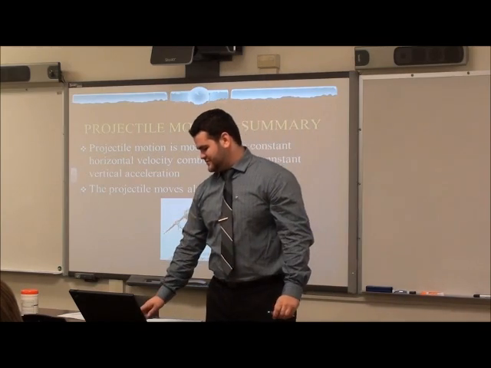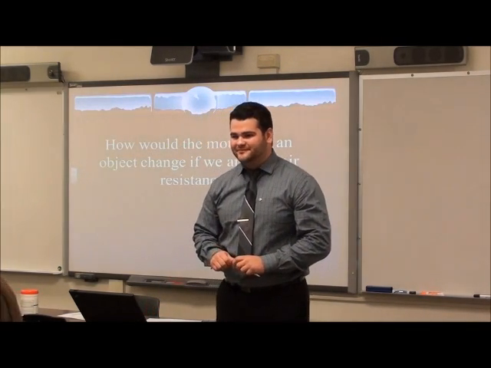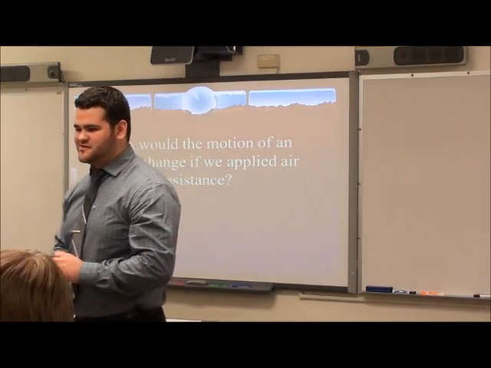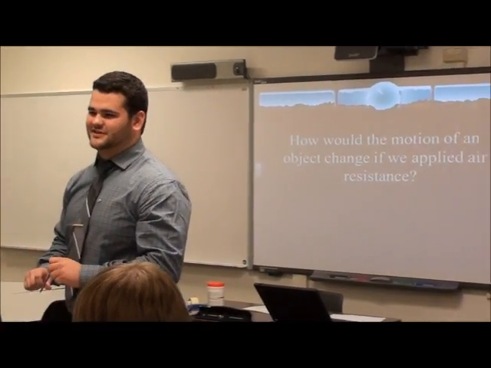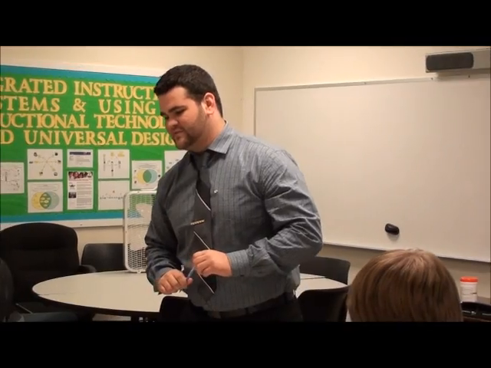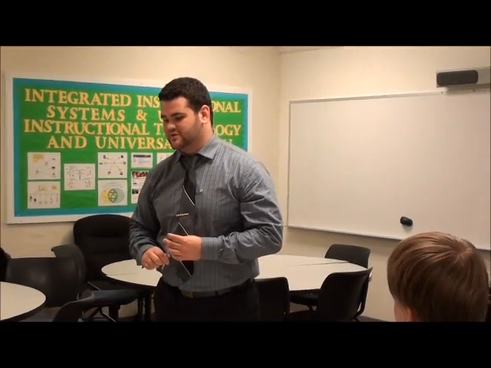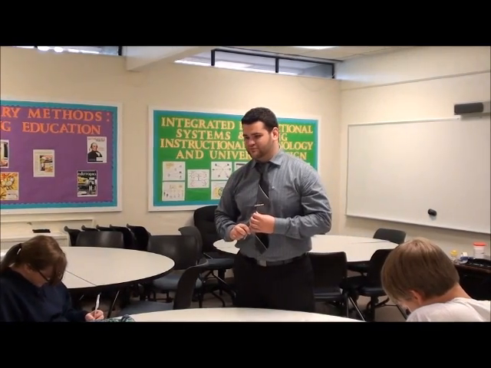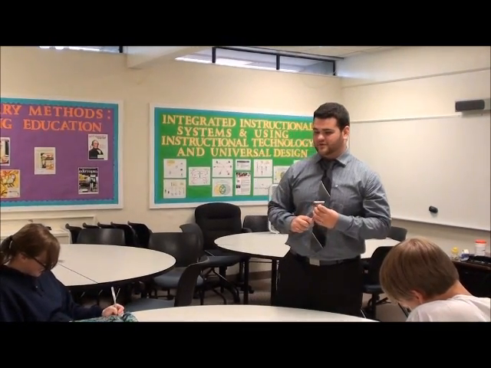So who would like to share their summary, or do you need more time? More time. Doesn't have to be long. It could be as simple as projectile motion includes trajectory, horizontal range, and final velocity.